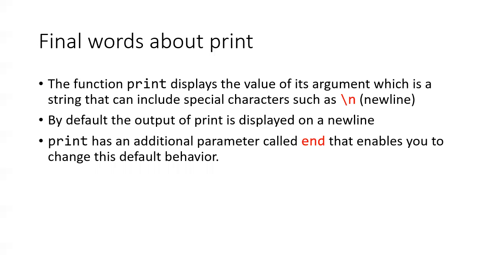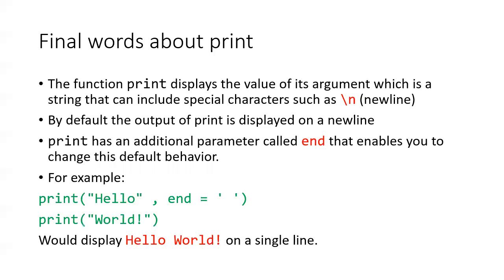So yeah, print. You can do the end. This one works in the opposite way. You can say end equals that. So here we got two print statements, but this one says end equals that. What that means is it's going to do the opposite of a new line.